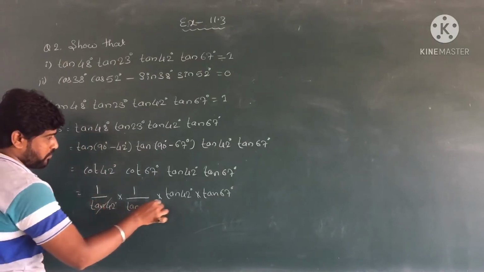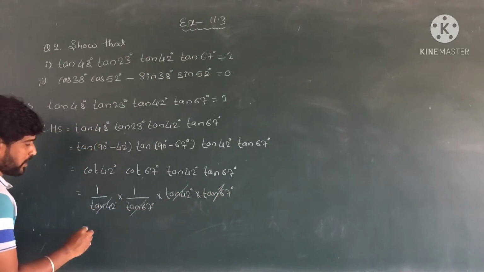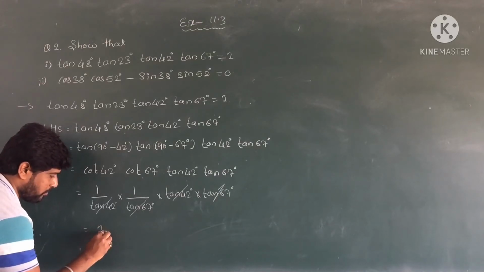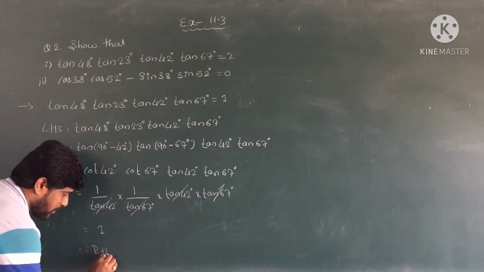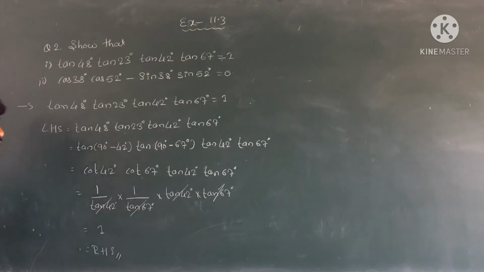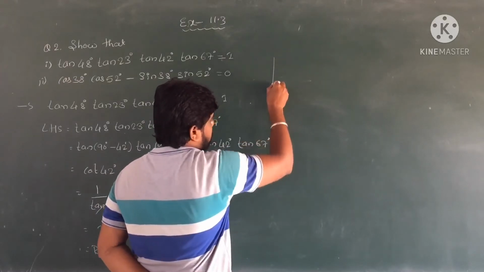See here tan 42 cancels, tan 67 cancels. So here we get 1. It is RHS. Right? So similarly next one, second one.